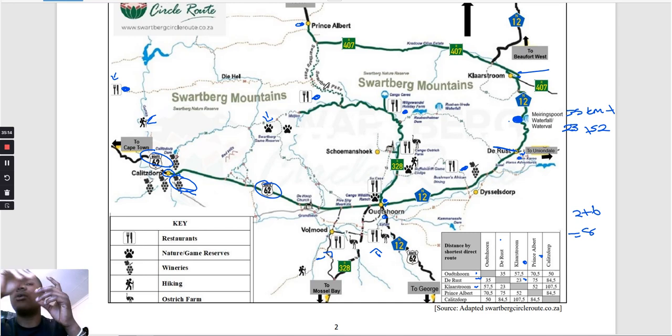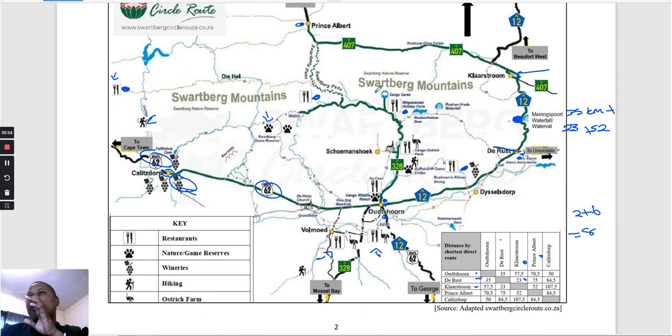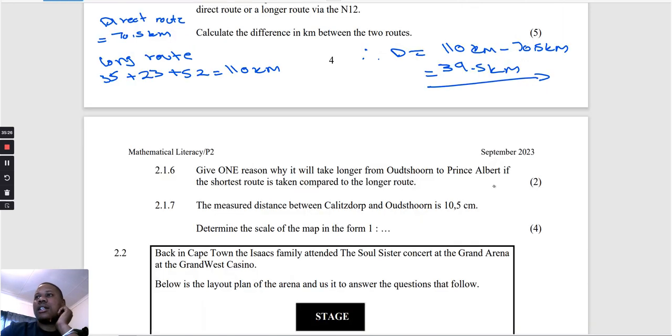So it means you don't have to speed. If you're driving, you don't have to drive fast. You'll have to drive slow. Okay? At which place? Let me just go and write it. Because at Stortberg you have to drive slow.